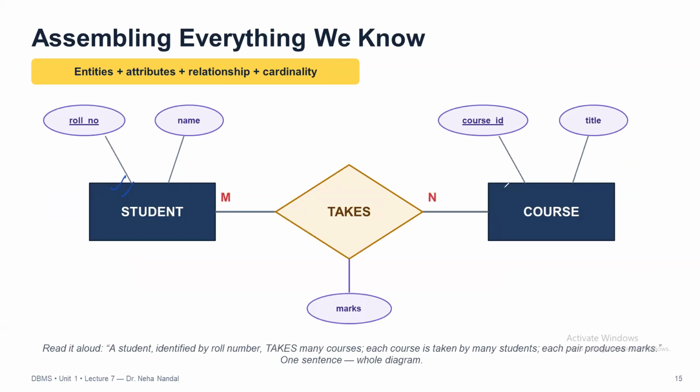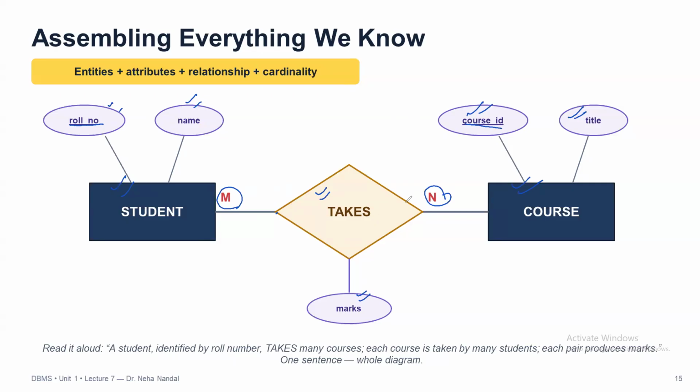We have entity sets, two entity sets. We have attributes of entity sets: course ID, title of course, roll number, name. And one type of attribute, that is the key attribute, is shown with the entities to identify them uniquely. The relationship is shown, takes, then one attribute of the relationship is also shown, and then the cardinalities are shown.